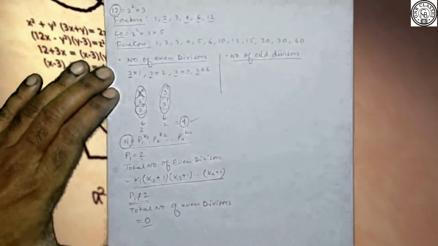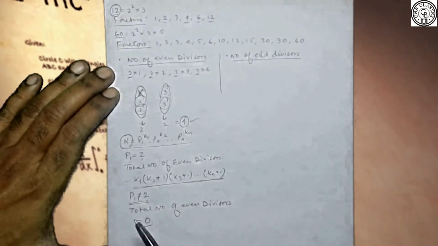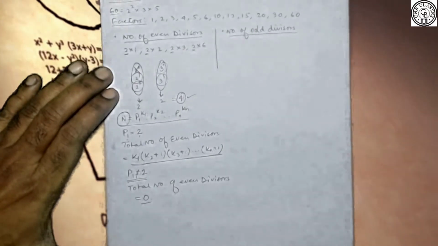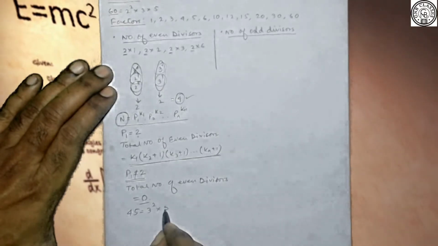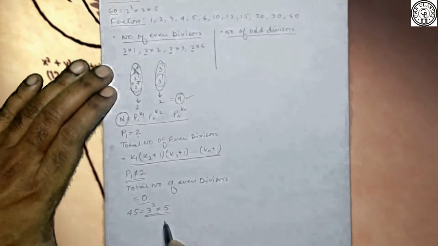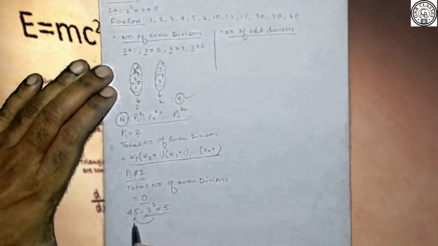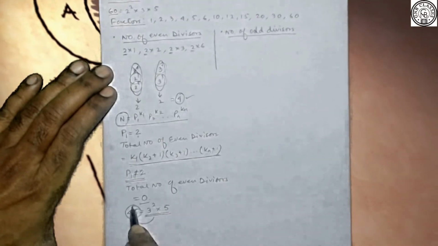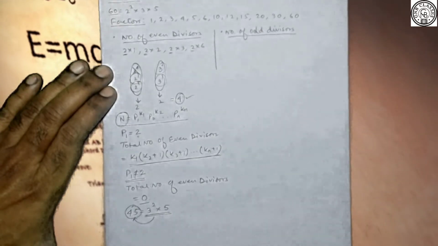Tell me yes or no. Because if I don't get 2 in the divisors, you will not get divisors which are even. Let us take an example like 45. 45 can be written as 3 square into 5. Here you will not get any even divisor of 45. You will find no even divisors of 45 because there is no 2 present in the prime factorization. Is it clear or not?